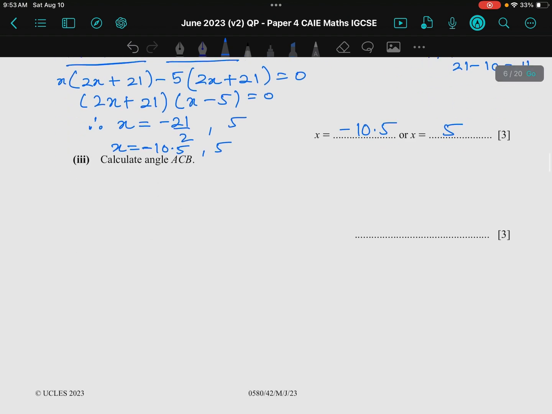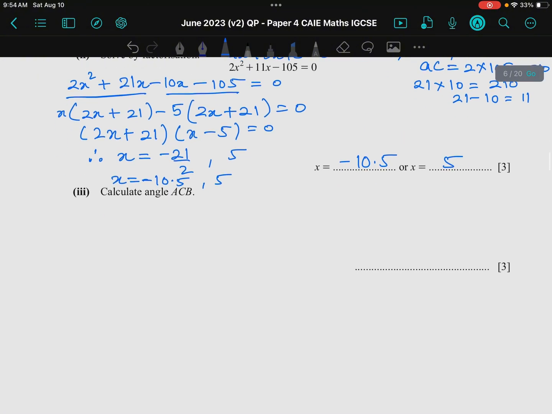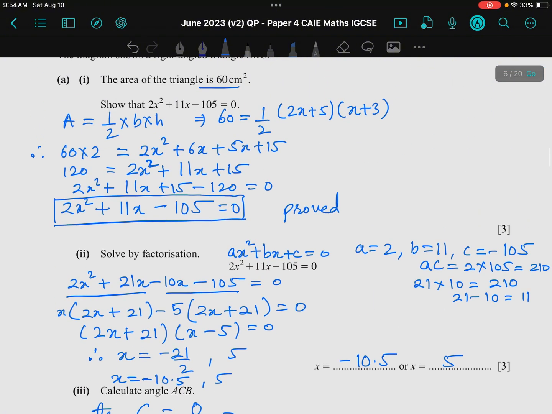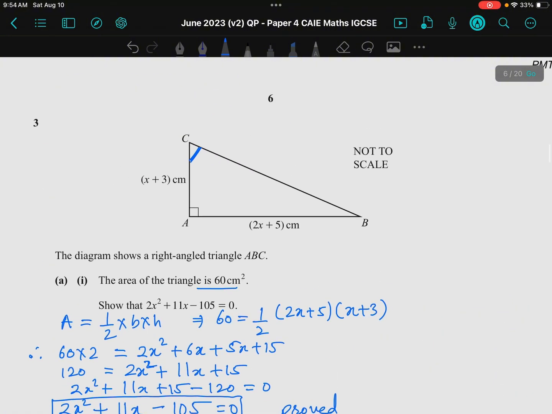Calculate angle ACB. This angle we have to calculate. So taking tan of C, the formula for tan is opposite upon adjacent. One more thing I would like to tell you before putting the values: for length, we always take positive value. So taking the value of x as 5 and putting here to find the lengths.